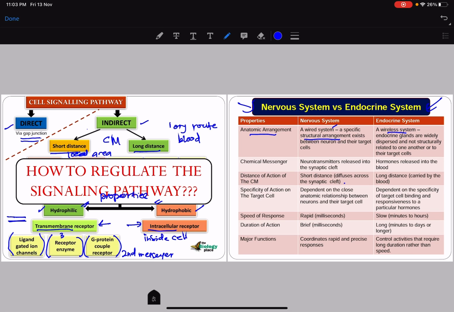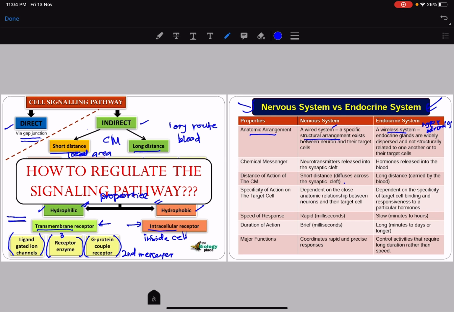For example, the hypothalamus is also an endocrine gland. The hypothalamus will send a signal to the adrenal gland so that the adrenal gland can secrete its hormones, for example aldosterone. There is no specific structure that directly connects the hypothalamus to the adrenal gland for the gland to secrete the hormones.